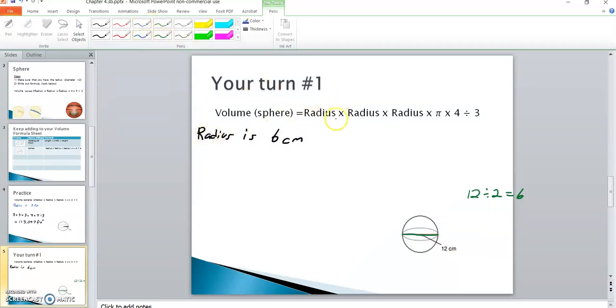All right, so we're ready to fill in our formula. So the radius times radius times radius times pi times 4 divided by 3. So I'd like you to go ahead and type that into your calculator and find the answer.